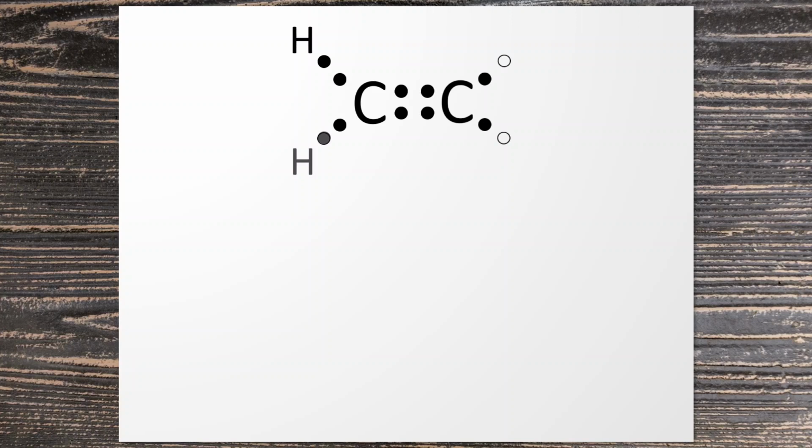Then they get hydrogens coming in to form their remaining bonds. So we have two coming in on the left, two coming in on the right. And you see this first carbon, if we count up those, he has 1, 2, 3, 4, 5, 6, 7, 8 electrons. The next guy, again, has the same 1, 2, 3, 4, 5, 6, 7, 8. So both are happy, they have their octet.